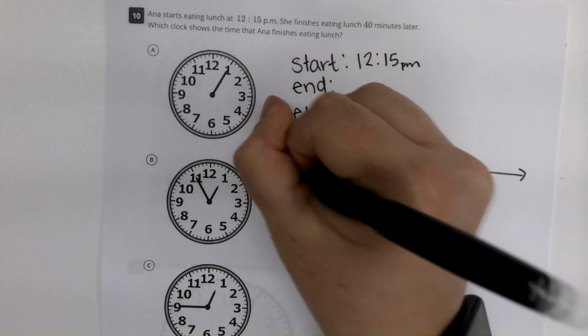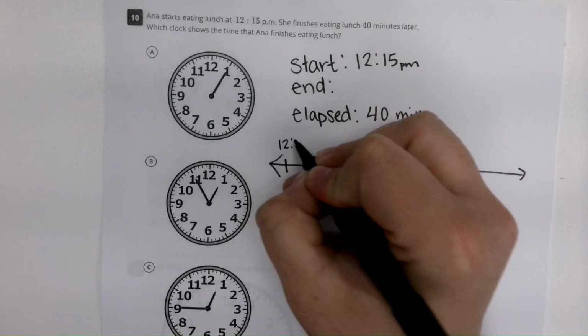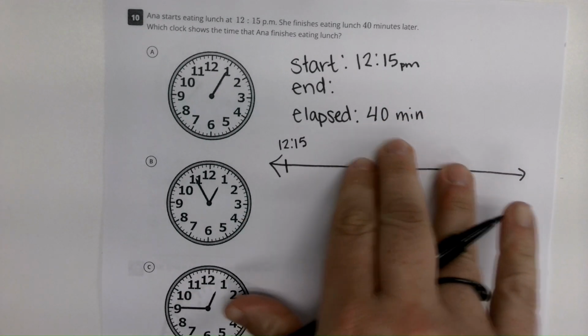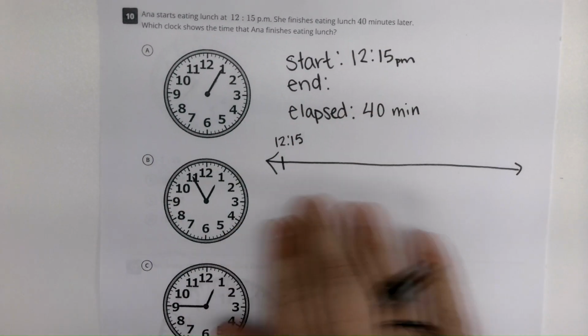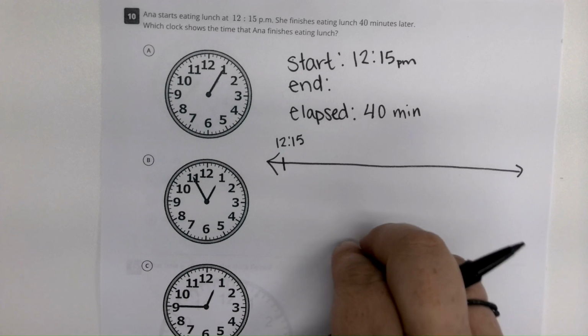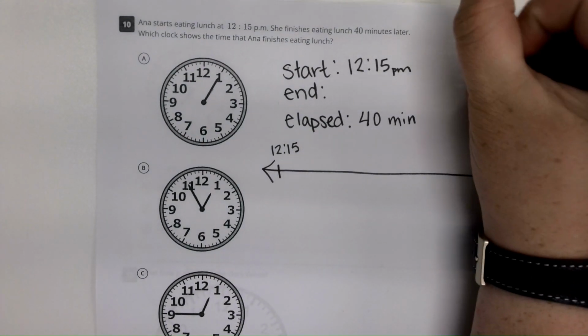We start by marking where our start time is, that's 12:15, and then you can go whatever increment you want. On this number line, we've focused really heavily on using 10s, 5s, and 1s. So let's go and do 10 minutes.